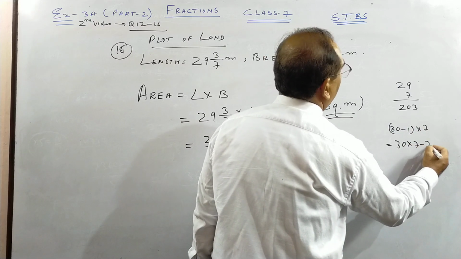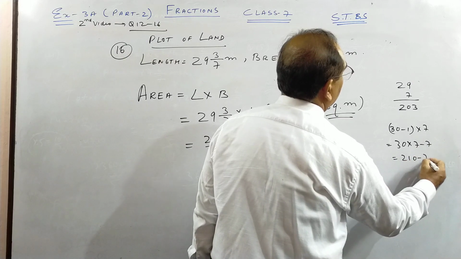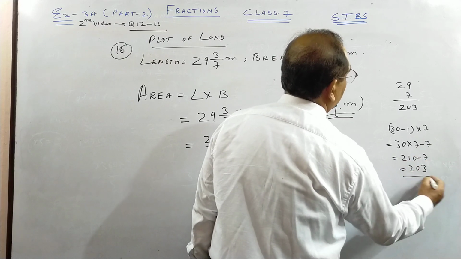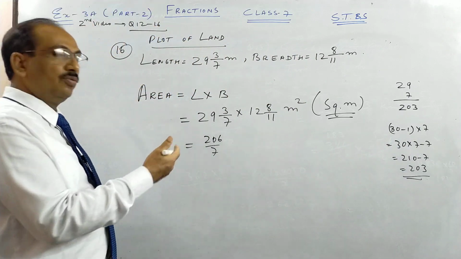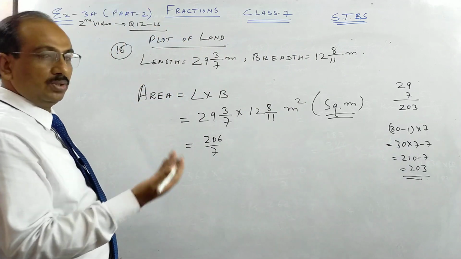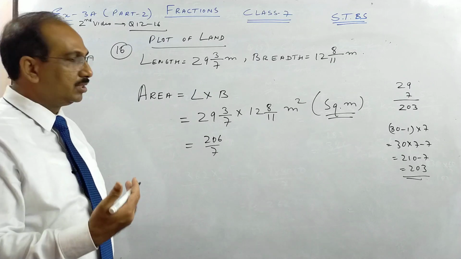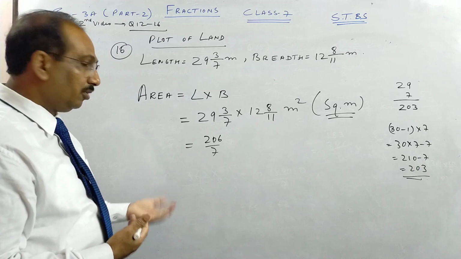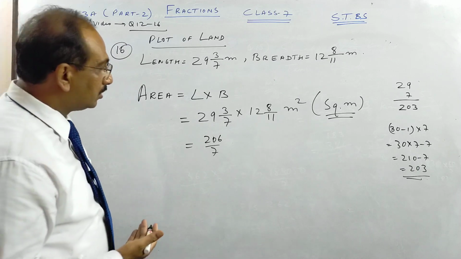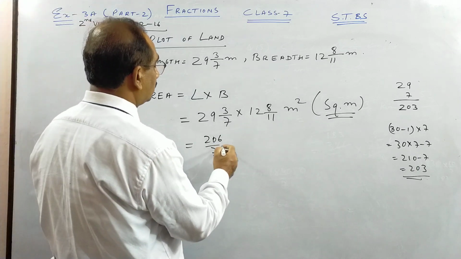This is how I do in mental maths. Okay, so slowly I'll teach you. When I make more videos, then as I told you in LCM, HCF and many chapters, I'll teach you how to do faster by mental maths. You will be more accurate. Chances of making mistakes will be very less.